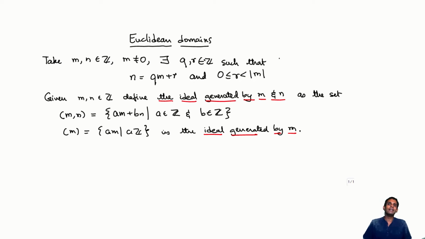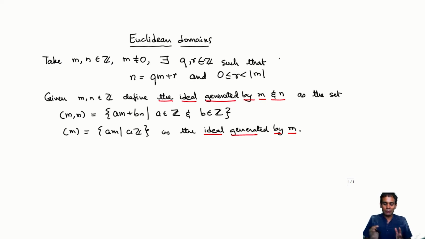We can ask what is the ideal generated by 2 and 3. What are all the integers that can be written as 2 times a plus 3 times b, where a and b are integers? The answer is that the ideal generated by m and n is the ideal generated by the GCD of m and n. And the Euclidean algorithm gives a way to find this GCD.